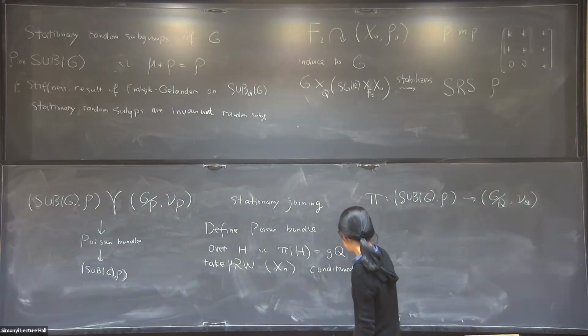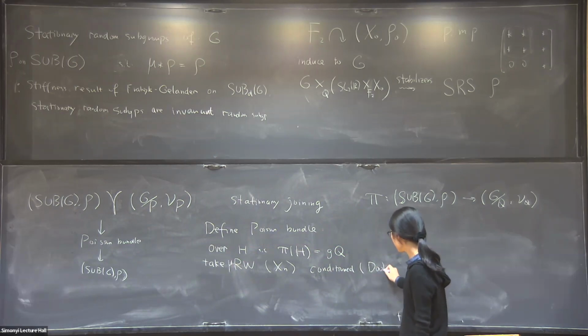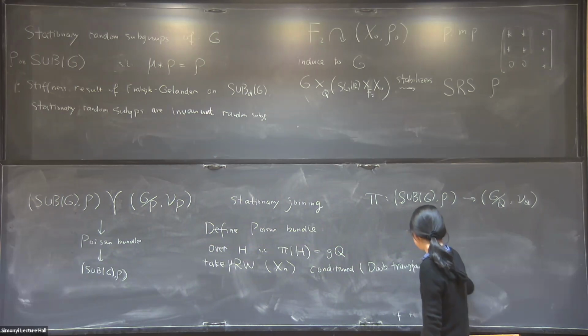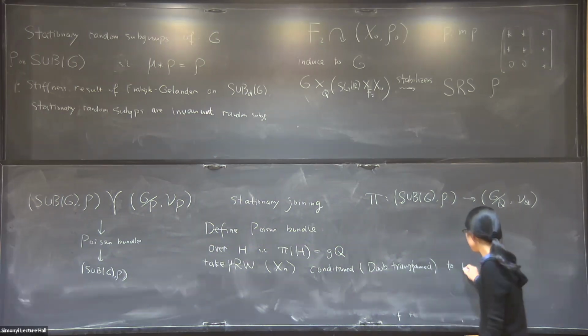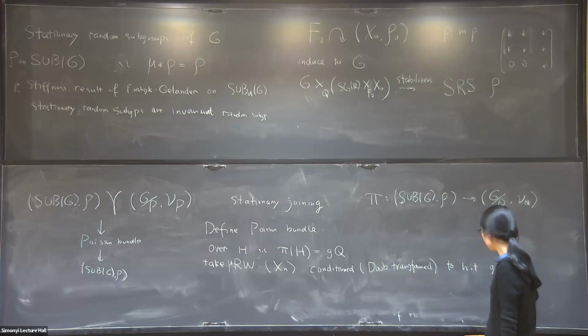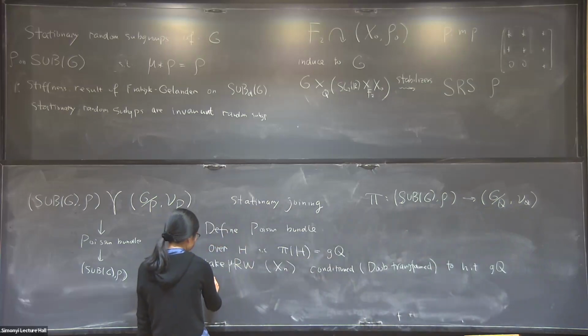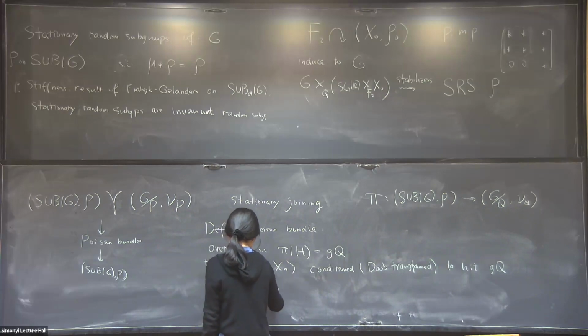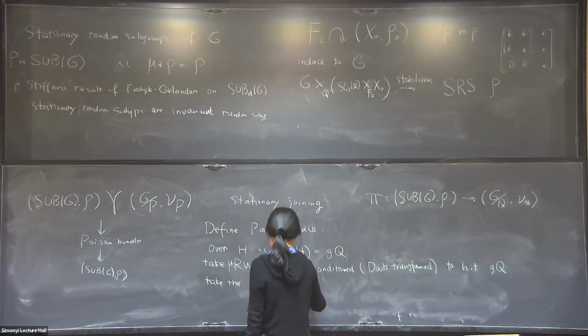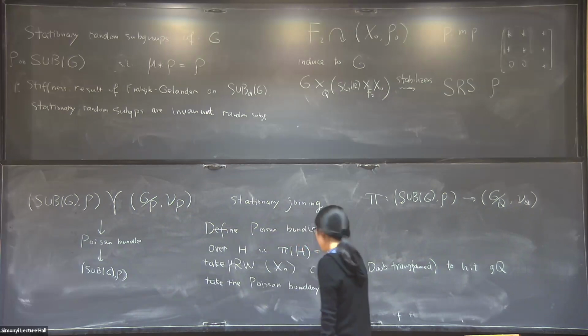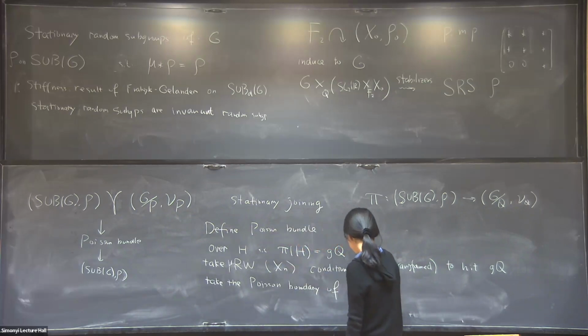This operation is called a Doob transform in potential theory. To it's exactly G mod Q. So you can make your random walk converge there, and then you project it down. Then you take the Poisson boundary of this random walk.